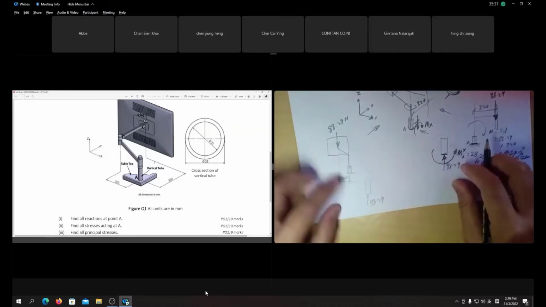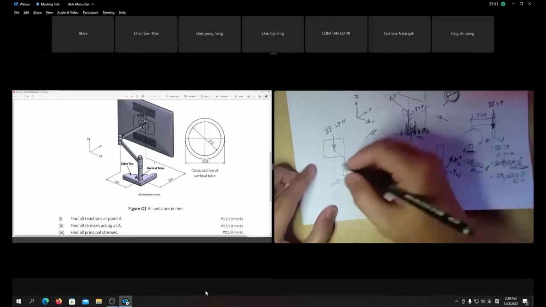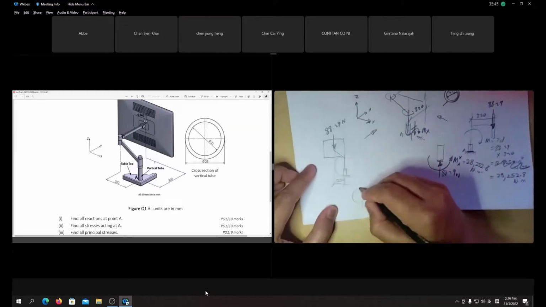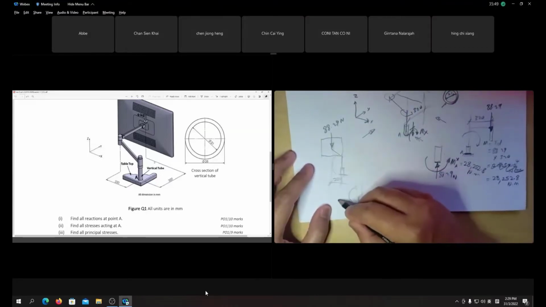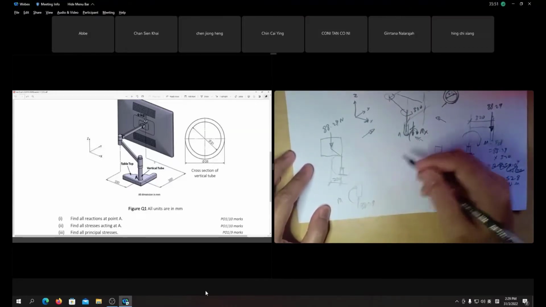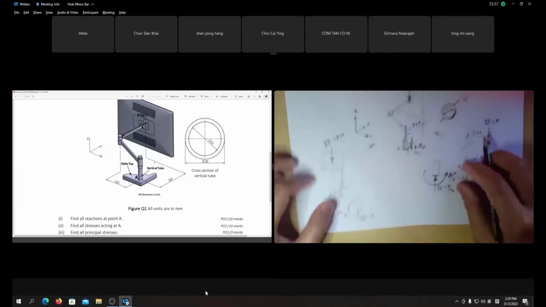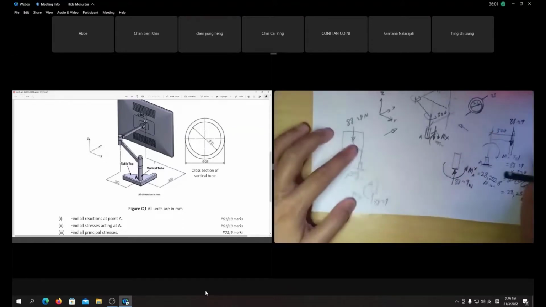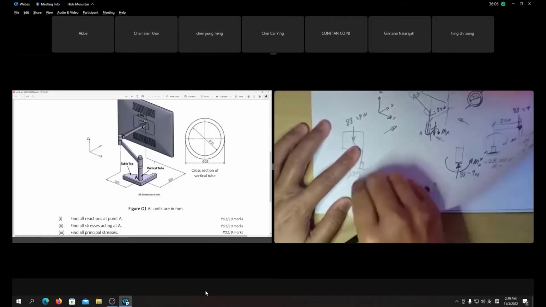The counter reaction upward produces counterclockwise, and this one is supposed to be clockwise. Is this moment at Y or X? Moment Y, right? Moment Y at A, axis Y. Clear or not? I will draw again, in case you still don't understand.